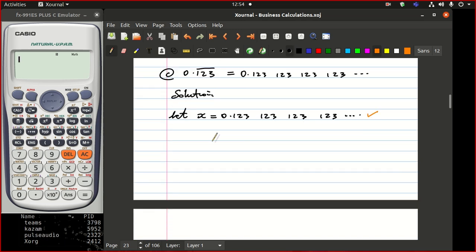And then the next thing that you wanted to do here, you wanted to multiply this nice thing here by a 10. So we are going to multiply x by a 10.